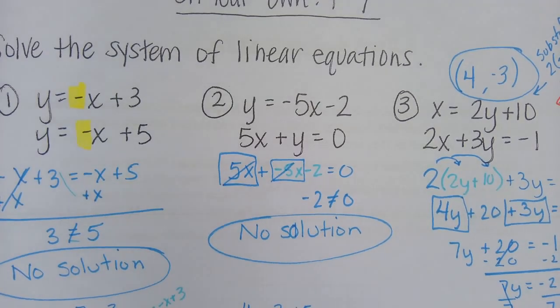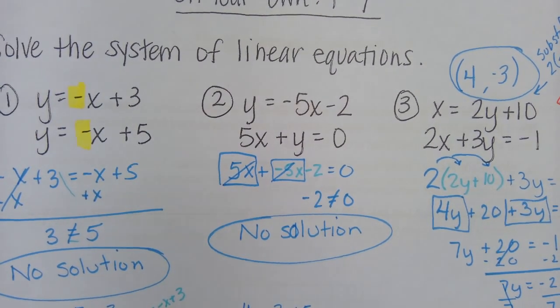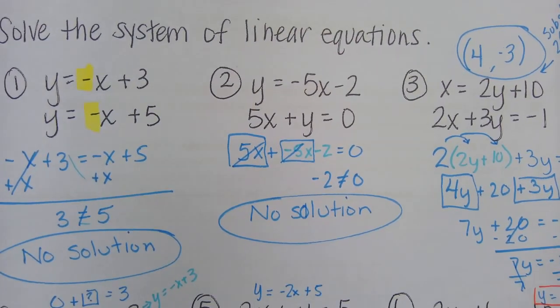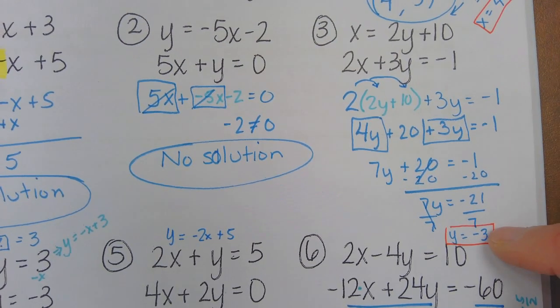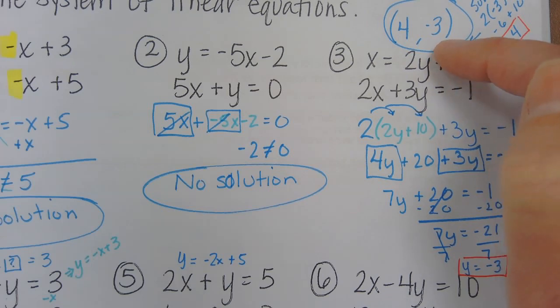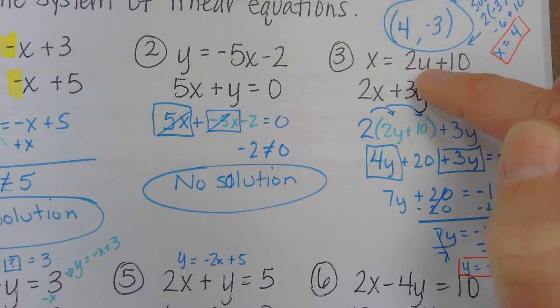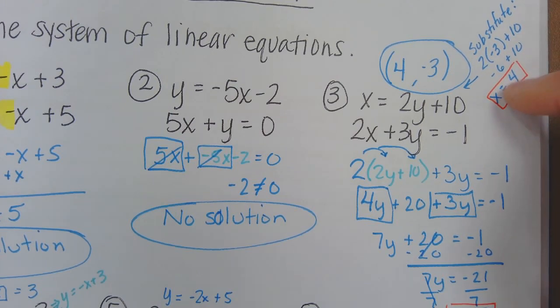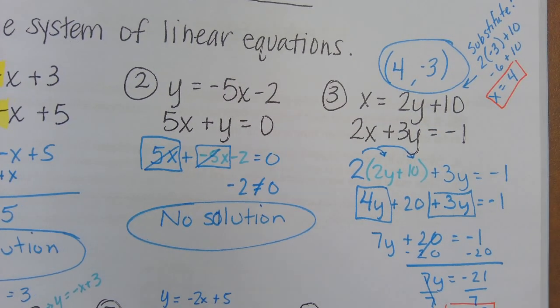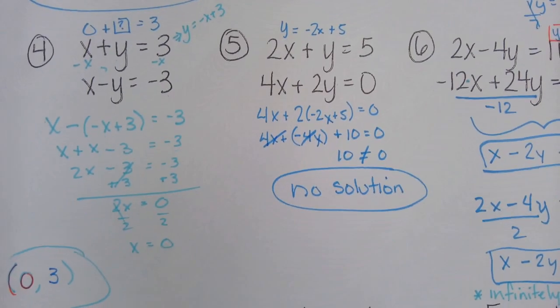And if I move the 5x over to the other side, I know that would be negative 5x. On this one, I actually did do the solving, and I got y equals negative 3, so I put that here. Then I put negative 3 in for y, and I solved that using substitution, and I get x is 4. So that was 1 solution.